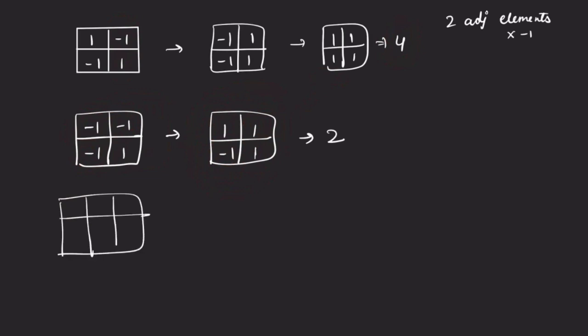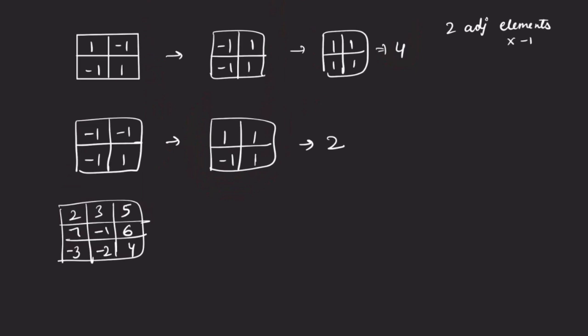Now let us consider another scenario where our matrix looks like this: 2, 3, 5, 7, -1, 6, -3, -2, 4. Again, these are the negative elements. These two are adjacent, so you can make these two positive. The matrix will look like this: 2, 3, 5, 7, -1, 6, and 3, 2, 4.